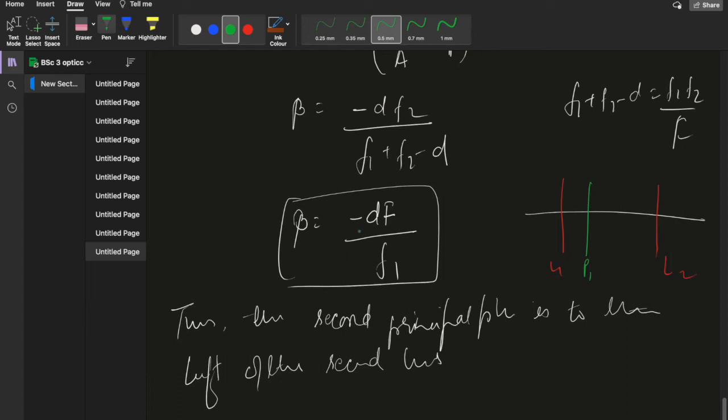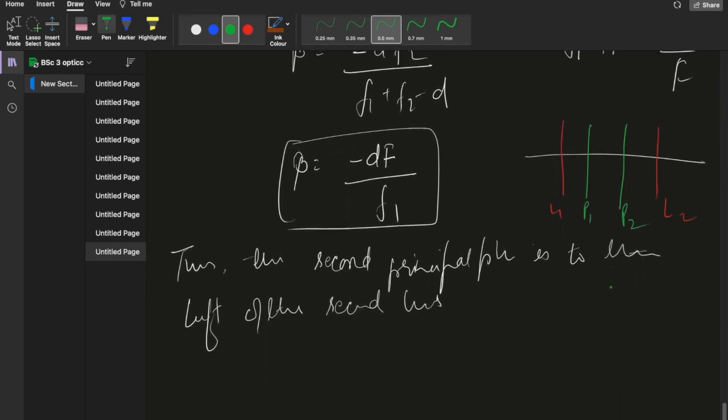And from this negative side we can say the second principal plane will lie on the left side of lens 2, say somewhere here. All right. So these are our alpha and beta, and we can say these are the cardinal points for our lens system.